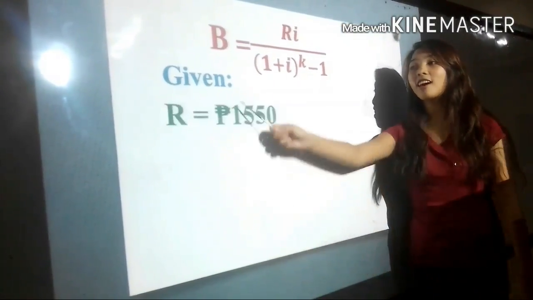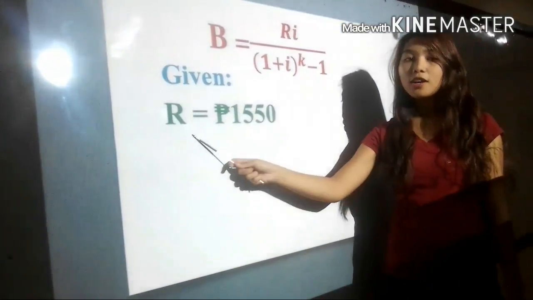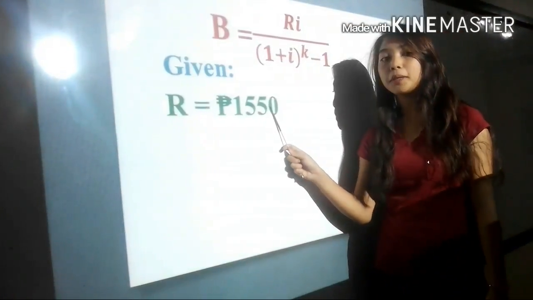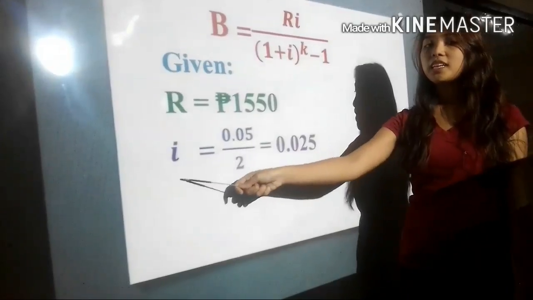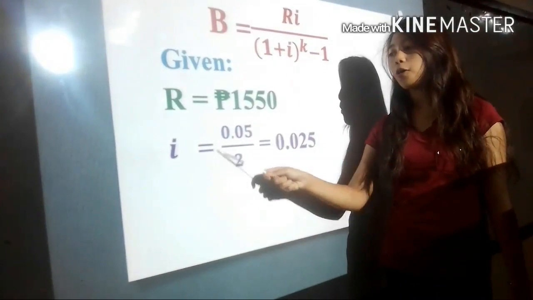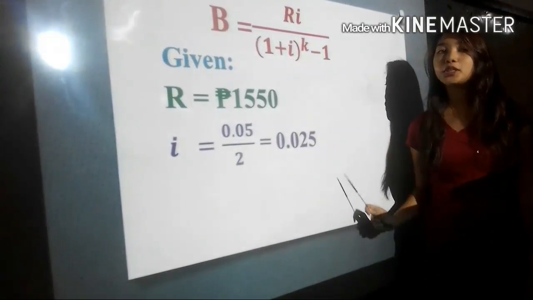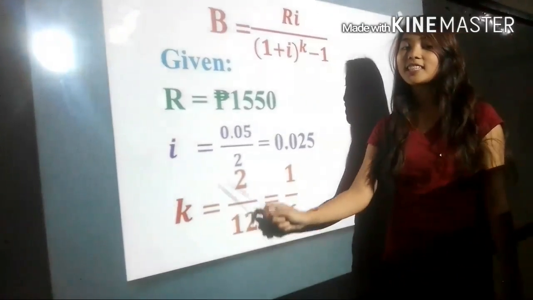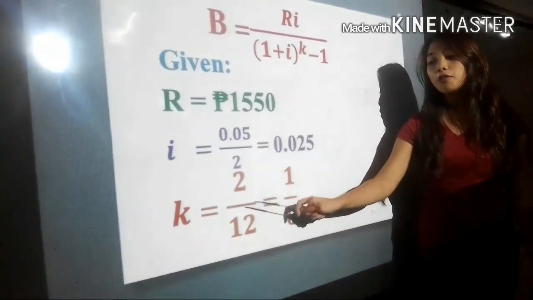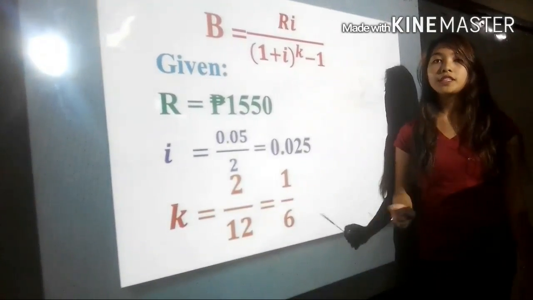These are given. R, which is the periodic payment, is equal to 1,500 pesos. i, which is the interest over conversion period, equals 0.025. k is the conversion period over payment interval, so 2 over 12 is equal to 1 over 6.